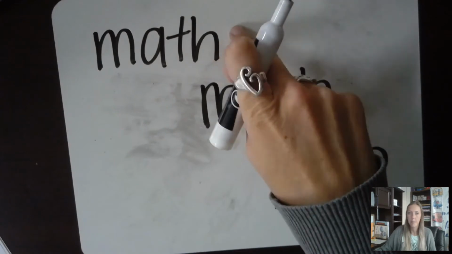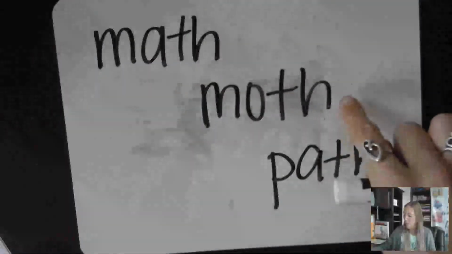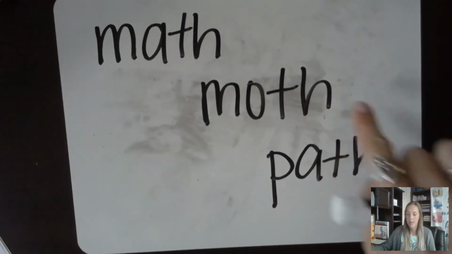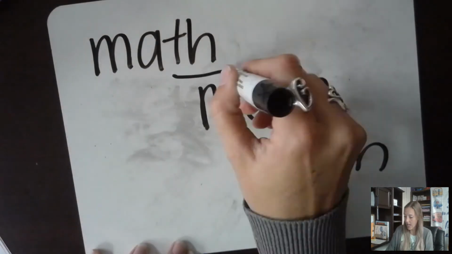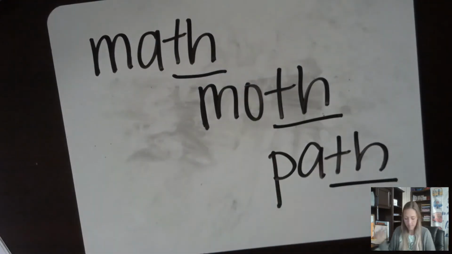Math, moth, path. Can you tell me what's making the th sound in these words? The TH. Again, the difference between these sounds is that one is voiced and the other one is unvoiced.